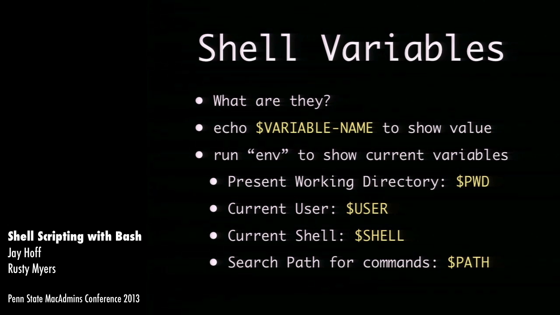$PATH is a good one to learn what it does, because sometimes you'll type in a command and you go, why isn't this working? I know that you can change users by using a command called su. And sometimes when you run su, it doesn't actually inherit the path of the user that you're trying to become, so you try to type in a command and it doesn't work. Why doesn't it work?